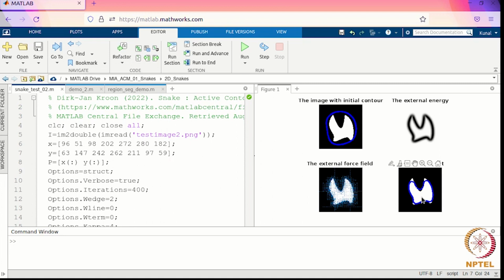So we encourage you to play with various images, various initializations, right? Initialization means different initial contour positions, right? And you can also play with parameters alpha and beta, right?